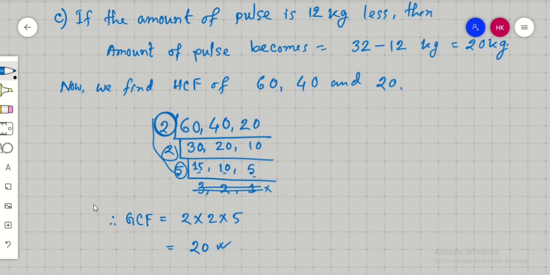Therefore, the largest number of families in this case is 20. I hope you understand how to find GCF. All you have to do is find GCF in these word problems or creative questions or competency based questions.